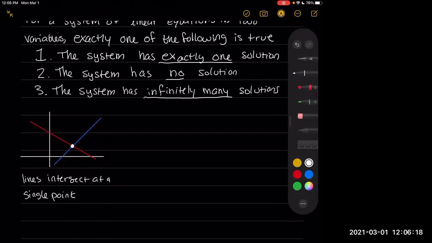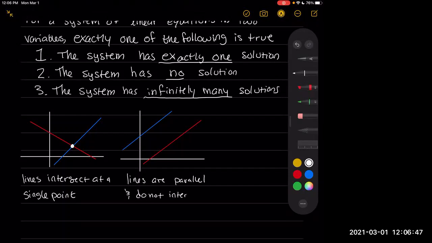Or we would have something like this, where our lines are parallel and do not intersect. So you can see these lines, they will never touch because their slopes are parallel.